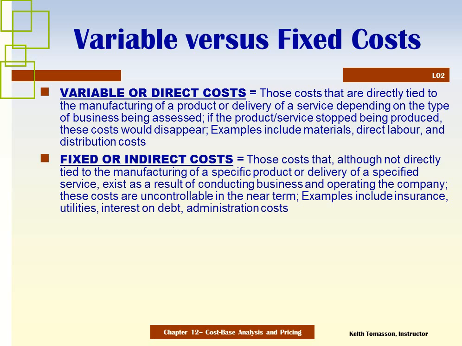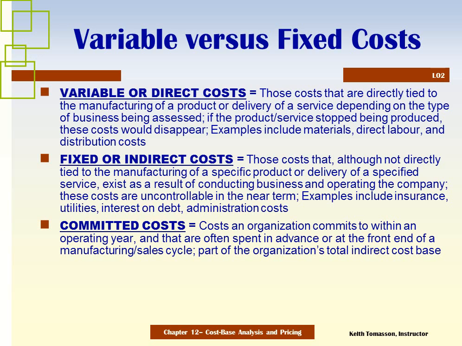So it's important to understand whether costs are variable, directly related to the production, or fixed costs where they're not directly related. Think of some of the overhead that you've heard of in business would be considered a fixed cost as well. Sometimes we have committed costs as well, where the organization is committed to costs over the short term, a year and that sort of thing.